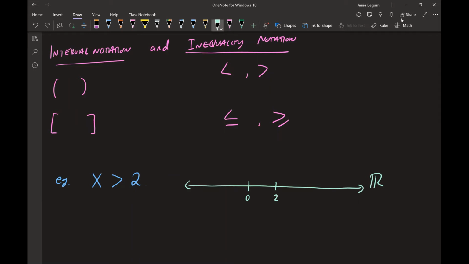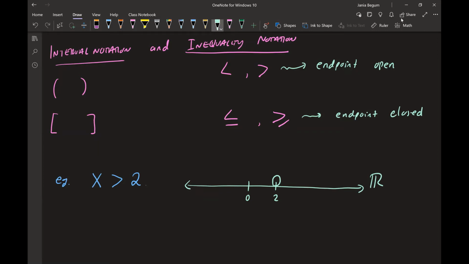So we're going to put an open circle at 2. That's what the less than and greater than means. So this symbol means your endpoints are open, okay? And if you have the equal to sign on the bottom, then the endpoints are closed. So that's how you distinguish when to include the endpoint, when not to include the endpoint.